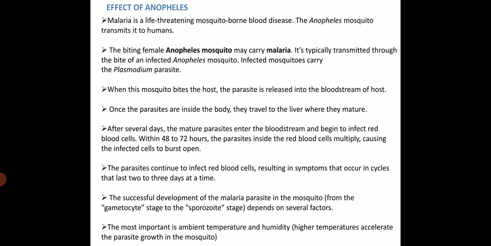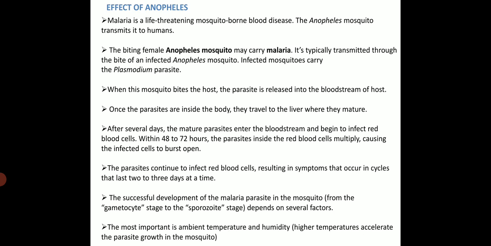When this mosquito bites the host, the Plasmodium parasite is released into the bloodstream of the host. Once the parasites are inside the body, they travel to the liver where they mature. After several days, the mature parasites enter the bloodstream and begin to infect the blood cells.